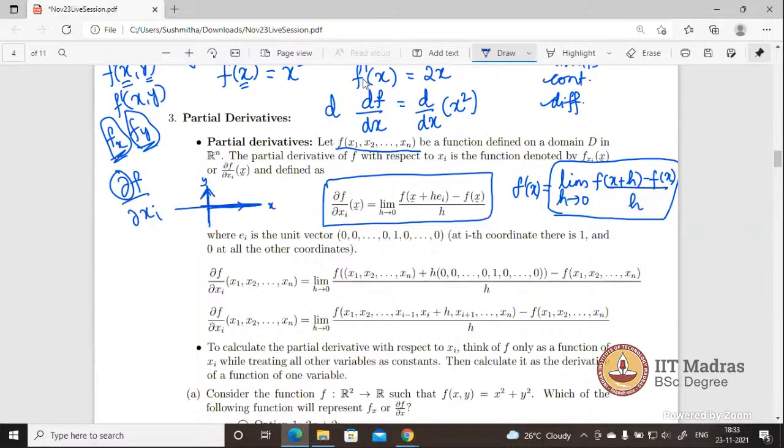So what is the change happening in this direction? When I move from this point to this point, there is a change in both the x coordinate and the y coordinate, right? So when I partially differentiate the function with respect to x, what I will know is the change in the x coordinate.